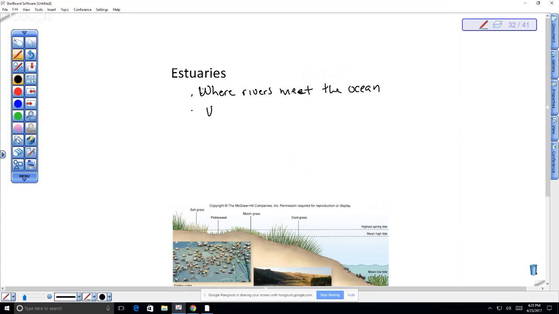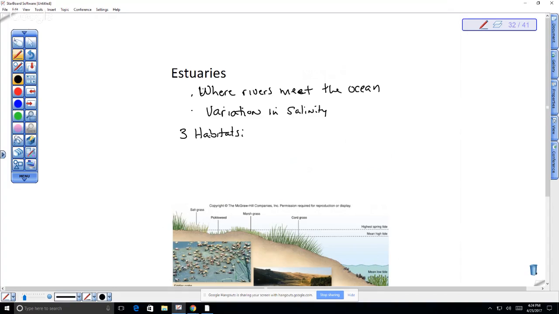So organisms have to be able to survive this. So we have the mixing of fresh water and salt water, and then we tend to have 3 different habitats. So we have 3 habitats in an estuary.